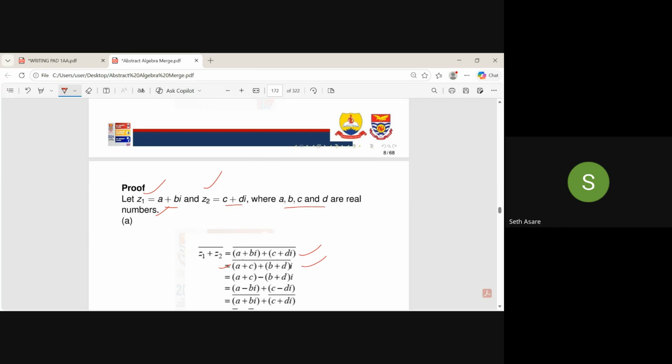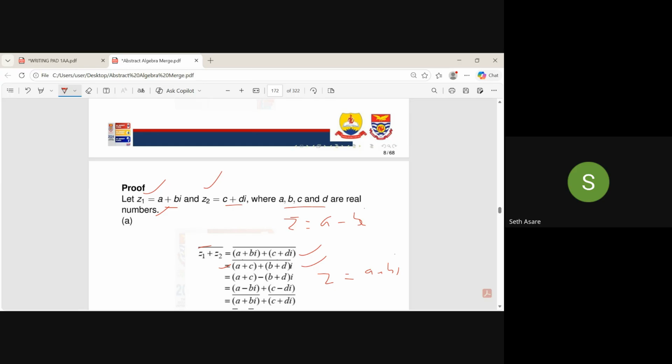Now, if we want to remove the conjugate, look at that. The conjugate of a plus bi is equal to a minus bi. When I remove the conjugate, it will give me a plus bi. Because there was a bar here, we put the bar there. They say we should add them and put the bar on them.